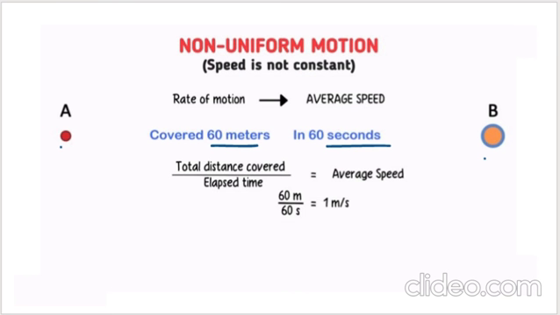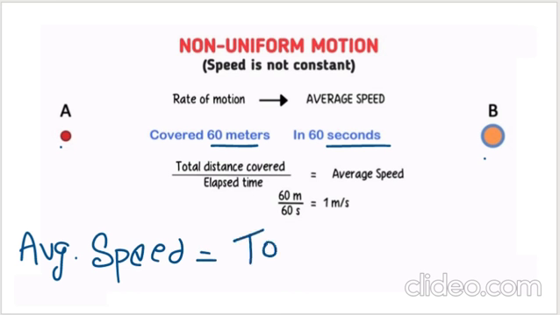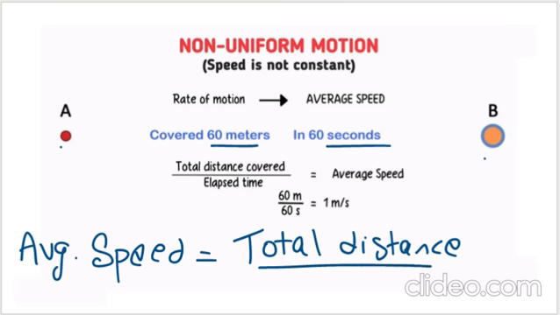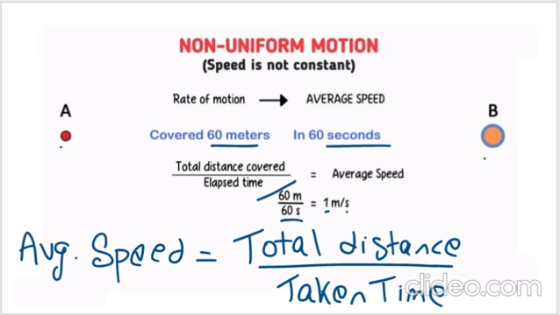Average speed is nothing but, we can write it over here also, average speed is equal to total distance traveled divided by the time taken. So what did we get here? The total distance was 60 meter. Elapsed time or the time taken was 60 seconds or 1 minute. So what do we get? 1 meter per second is the average speed.